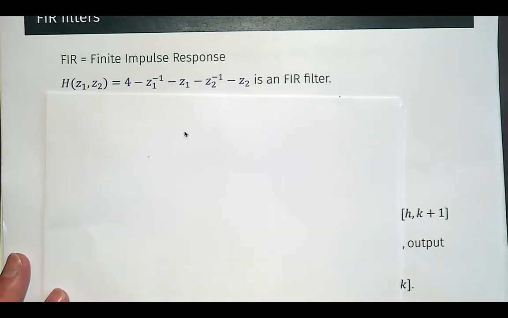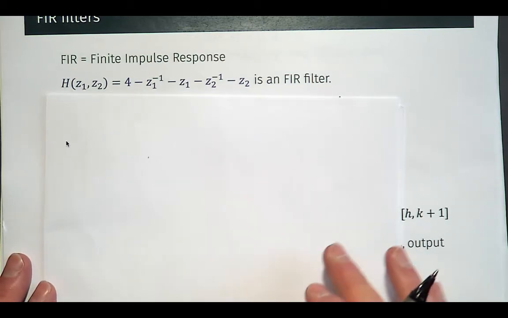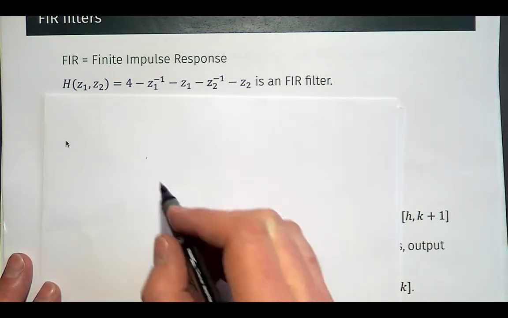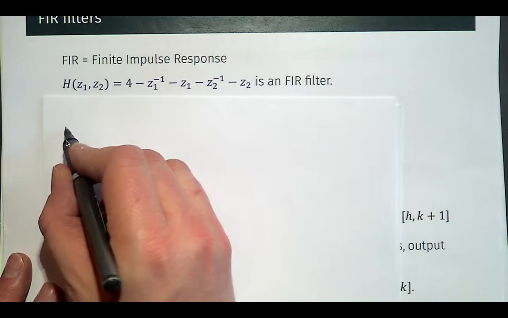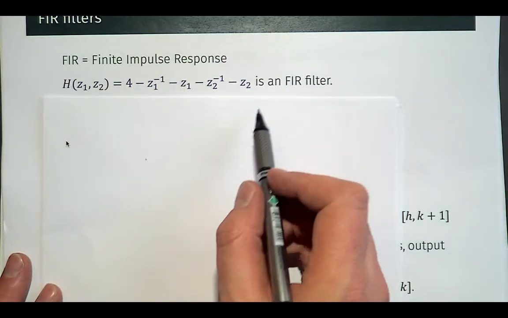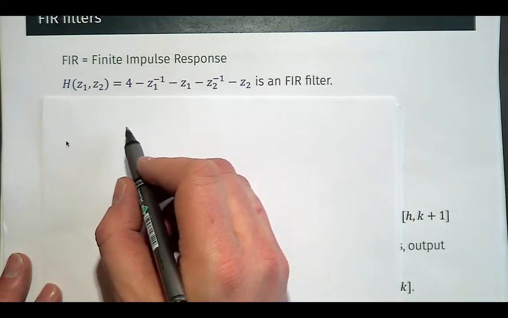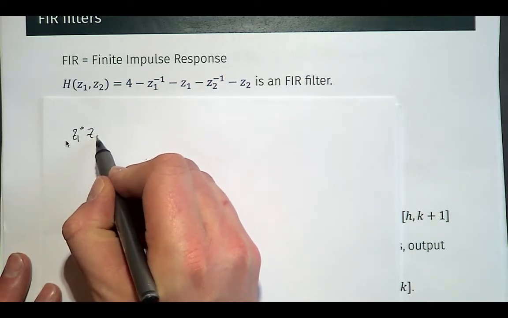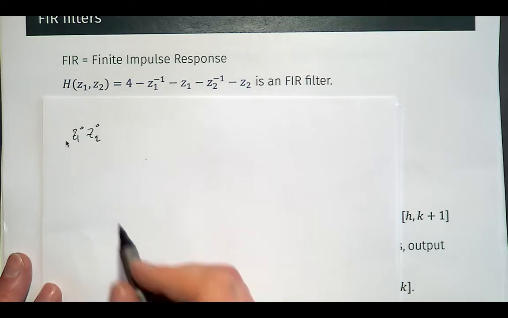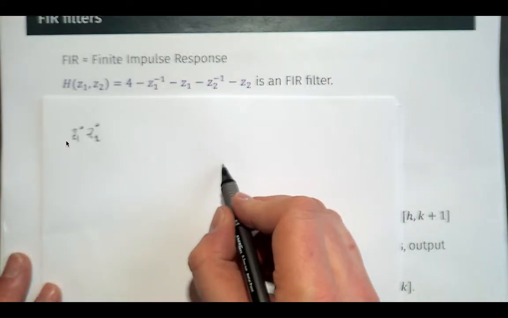So let's try to do the inverse operation here. This is the z transform, and let's look at what the mask looks like. So let's look at the coordinates z1, z2.